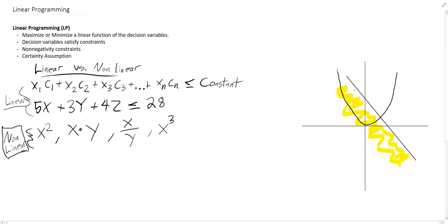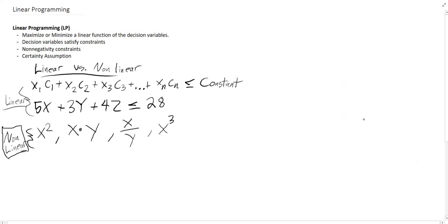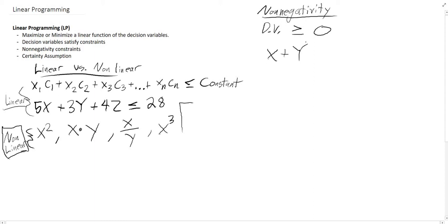Now we also need to discuss the non-negativity constraint, which we looked at a little bit in the previous video. Non-negativity is very basic, but you need this in every single model that you're doing. A decision variable must be greater than or equal to 0. If we have, for instance, an x plus a y must be greater than 14, let's say x is cookies in your previous example, and y is brownies.